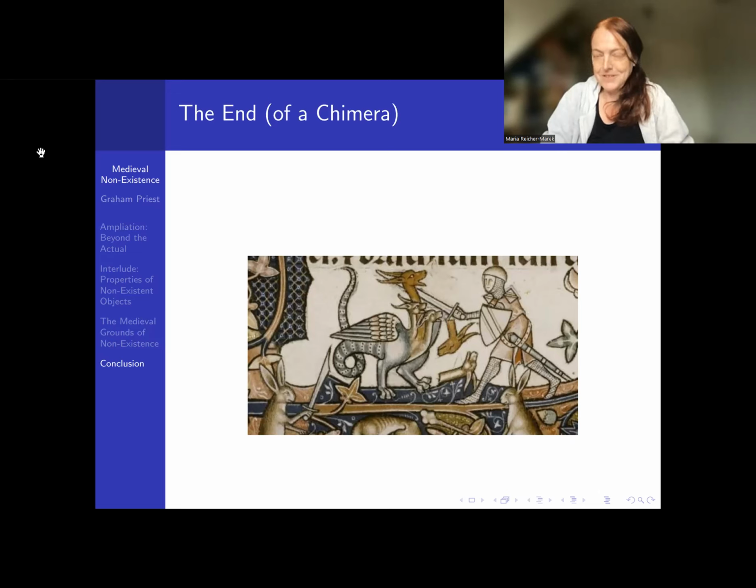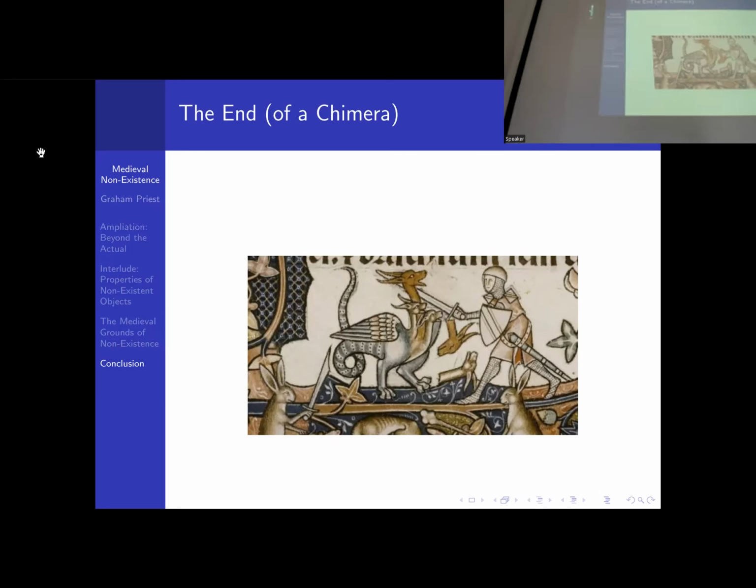Yes, but the medievals don't say that the sentence Socrates is in essence is true in some past world. They say it was true. Doesn't that make a difference? No, what they say is it's true at some past time. And if you think of past times as the analog, those are non-actual times, right?